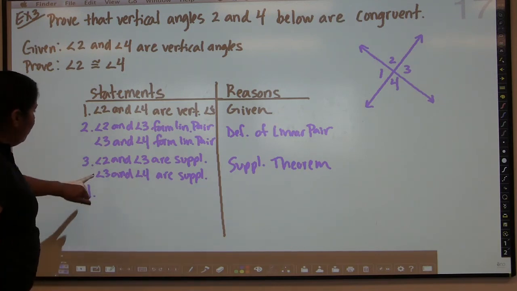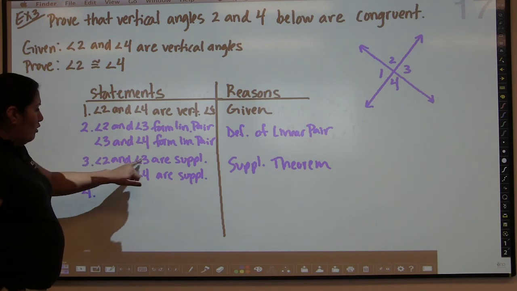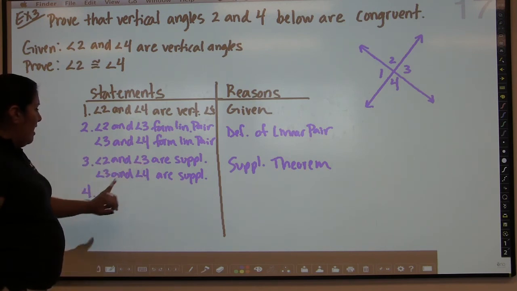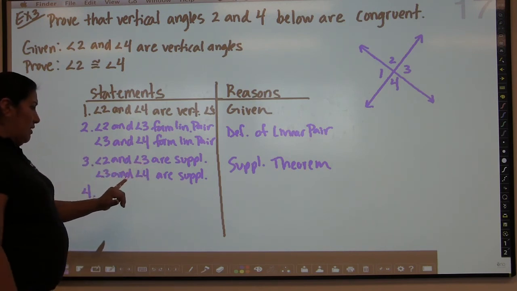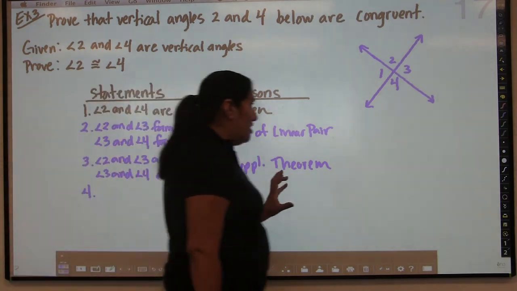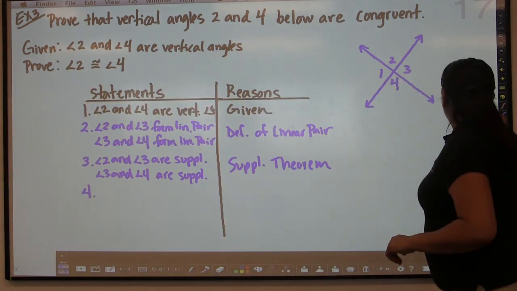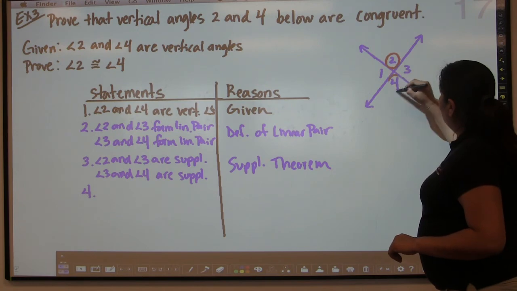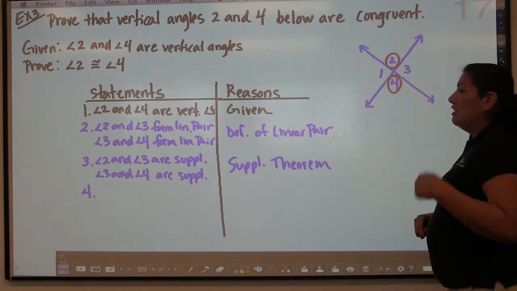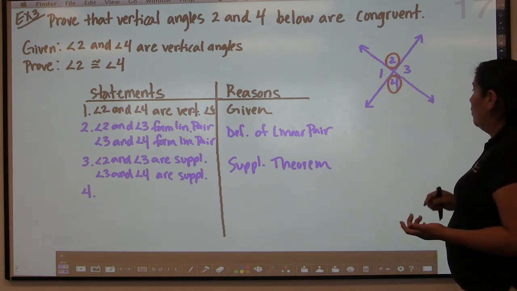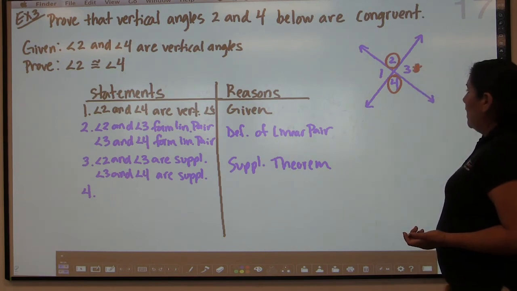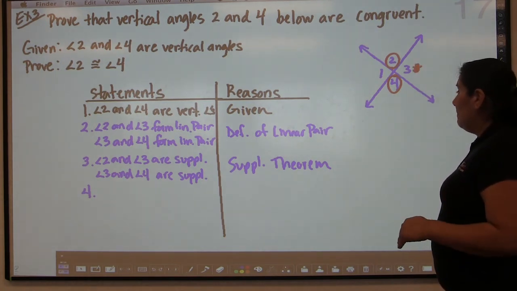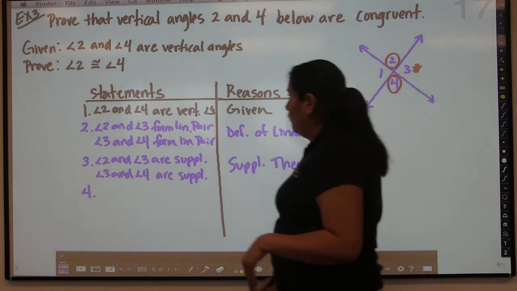And then finally, our last step. We have here that angle 2 and angle 3 are supplementary, and angle 3 and angle 4 are supplementary. So if you remember the previous theorem that we just talked about, we have 2 different angles, 2 and 4, that are supplementary to the same angle, angle 3. When that happens, angle 2 is congruent to angle 4.